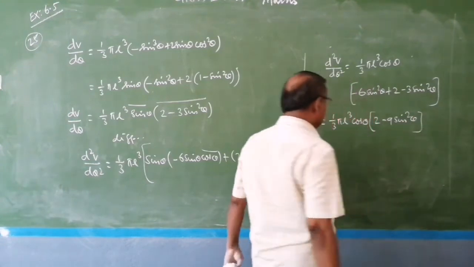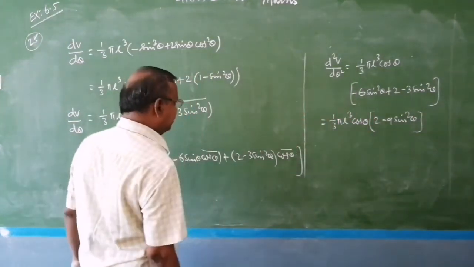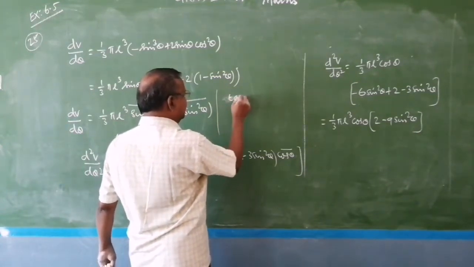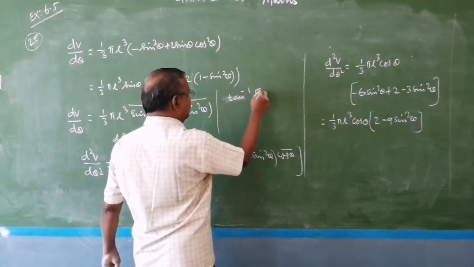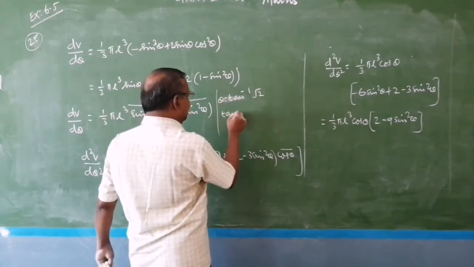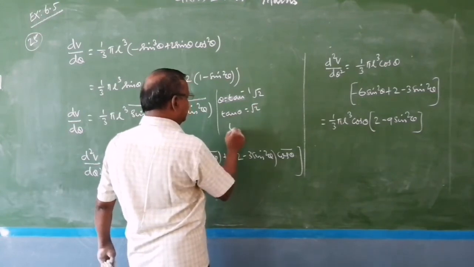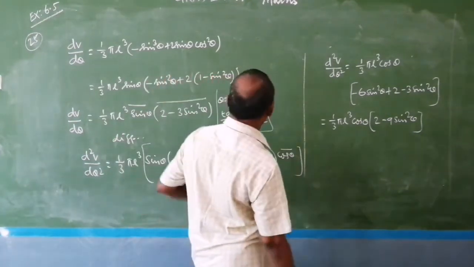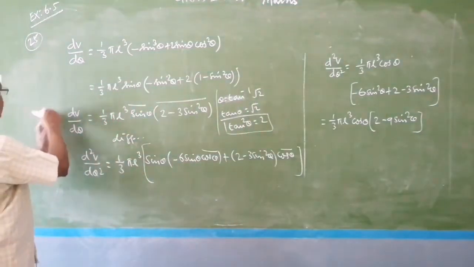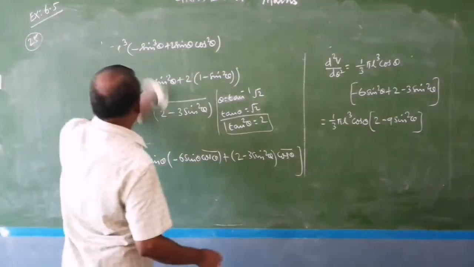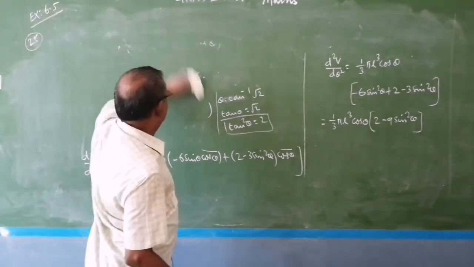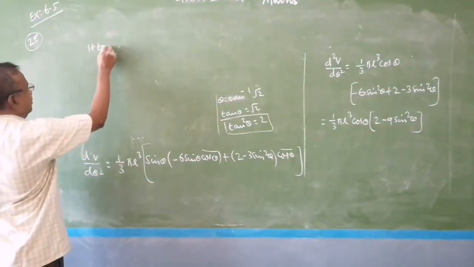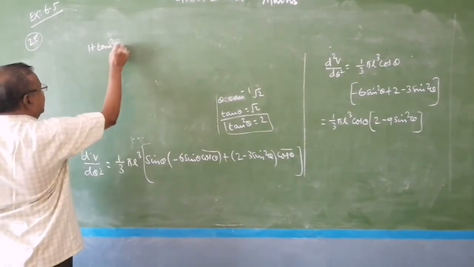We have one thing to find: tan theta equals root 2, that means theta equals tan inverse of root 2, and tan square theta equals 2. Adding 1 on both sides, 1 plus tan square theta equals 3.